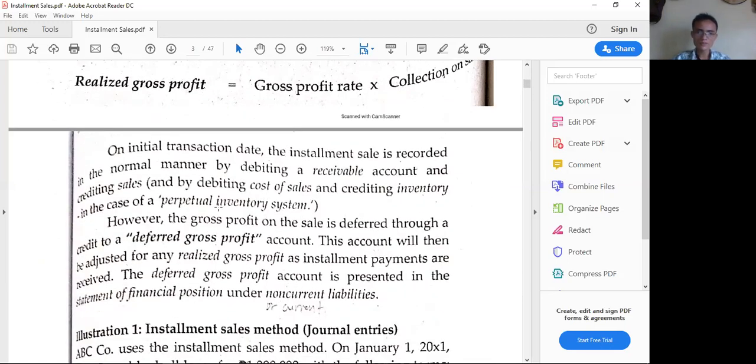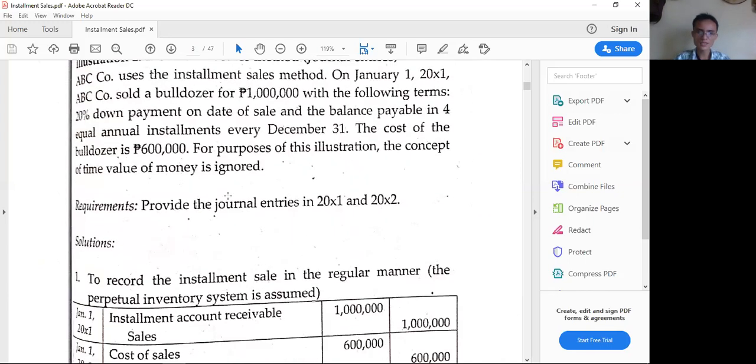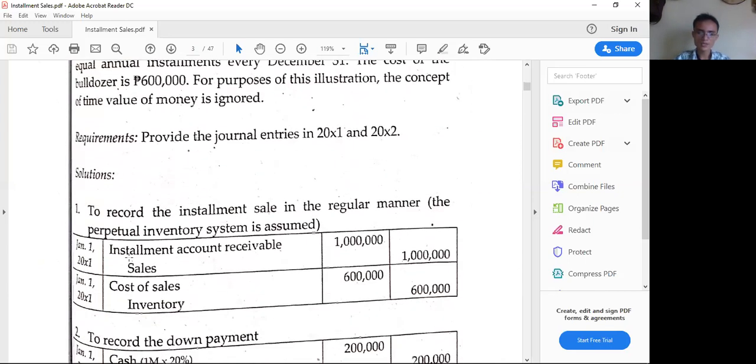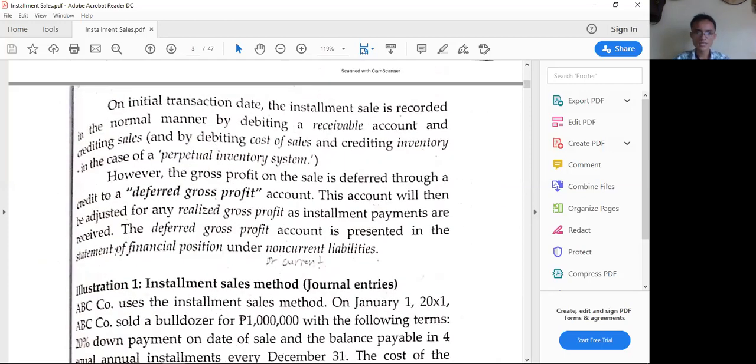So initially, remember to record the installment sales. That is going to debit installment AR or accounts receivable, and you are going to credit installment sales so that we will differentiate it from the regular sales. The regular sales are cash sales and credit sales.